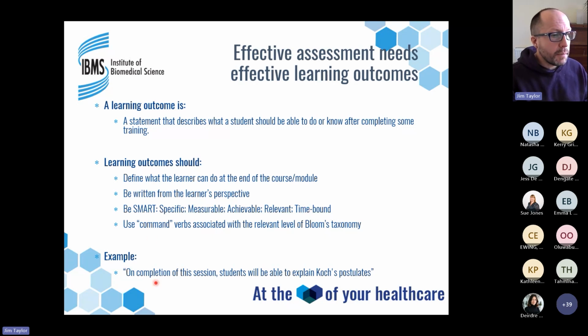Now, using this example at the bottom of the screen here, we'll give that SMART acronym a bit of an exploration. So it's specific. Well, this example learning outcome here is specific in a number of ways. It's specific because it says at the end of this session. It's specific because it's limited to Cox postulates.